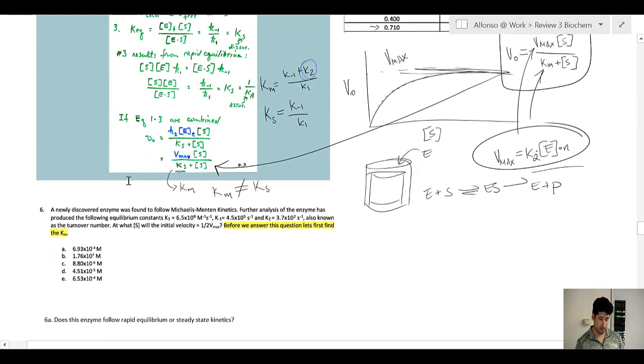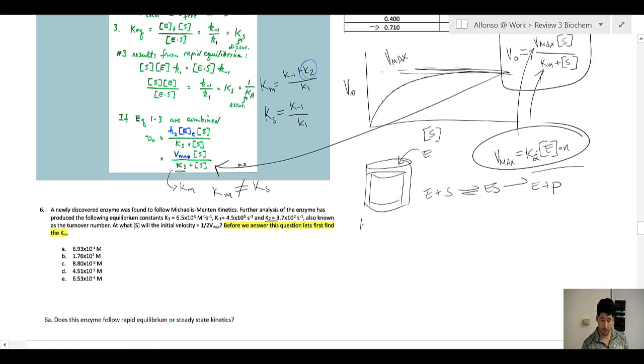All right, so all those fancy new equations that we have, we're going to use them to solve these next few problems. So, number 6, a newly discovered enzyme was found to follow Michaelis-Menten kinetics. Further analysis of the enzyme has produced the following equilibrium constants: K1, K sub minus 1, K2, also known as the turnover number.